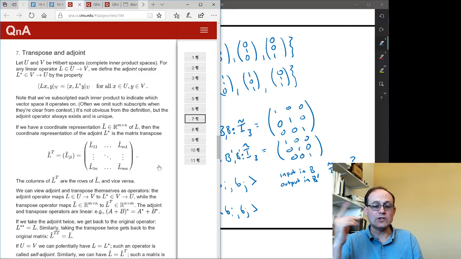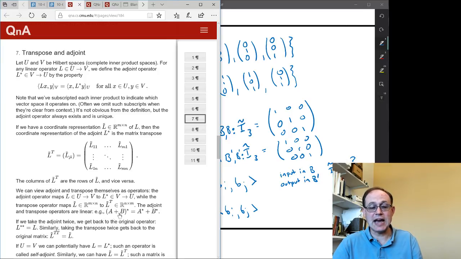So adjoint and transpose themselves are operators, right? The adjoint operator maps linear functions that take U to V to linear functions that take V to U. And the transpose operator maps m by n matrices to n by m matrices.